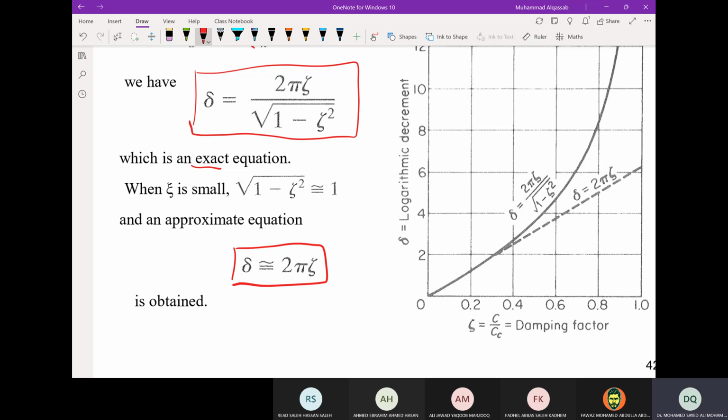Now how can we find zeta experimentally? You can conduct an experiment and get the wave of oscillation recorded. And then you can use the definition of delta, which is delta equal to ln x1 over x2. You can measure x1 and you can measure x2 on the graph.